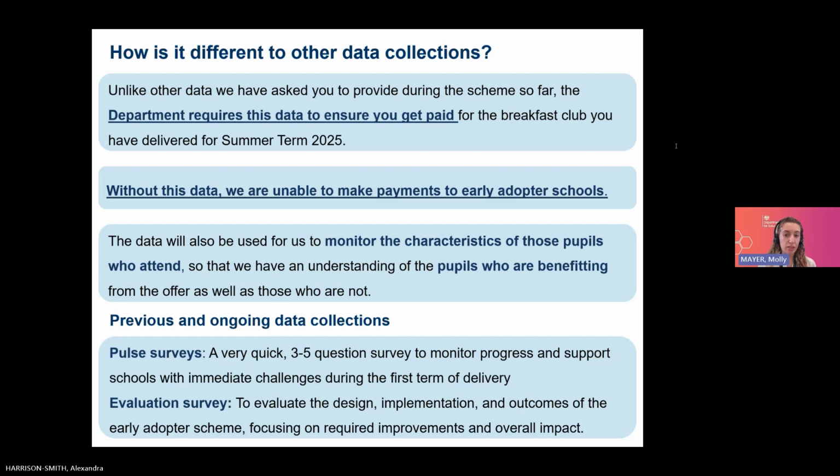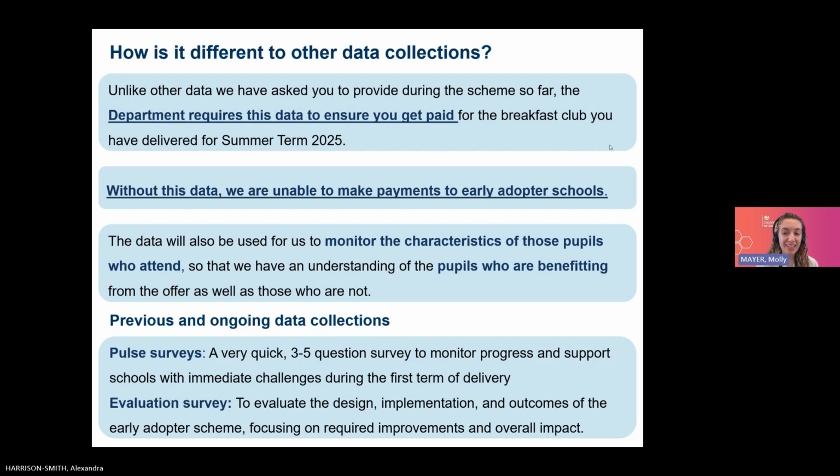Everything you've given us so far through the various surveys, as well as attending your peer-to-peer networks, is so helpful for that. To summarize, the take-up data collection is what we're going to use to pay you for your breakfast clubs and will allow us to understand which pupils are attending so we can assess impacts. We have also sent out 2 pulse surveys so far, including one yesterday, and this is our way to really quickly check delivery, see how it's going, and see if you need any extra support.